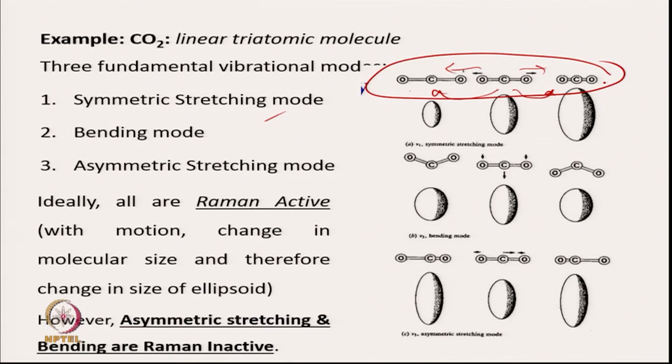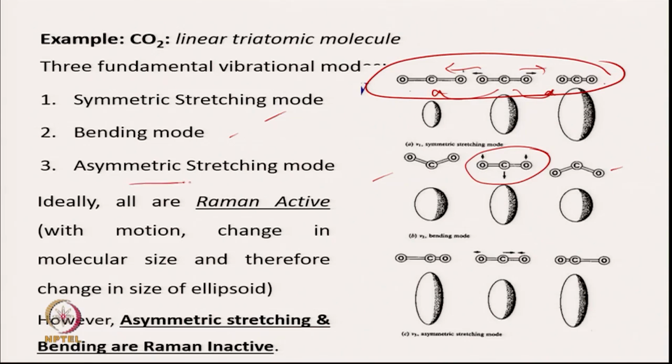The second kind of mode is the bending mode. Here you can see the normal molecule, and if you take both ends up, you get this one; if you take both down, you get this one. So, this is your bending mode.